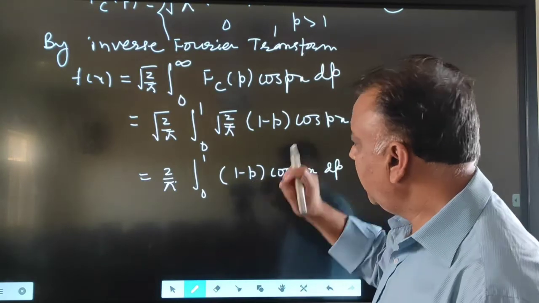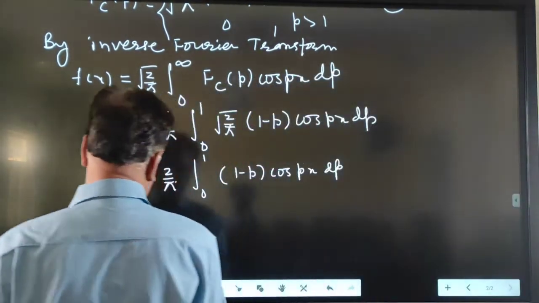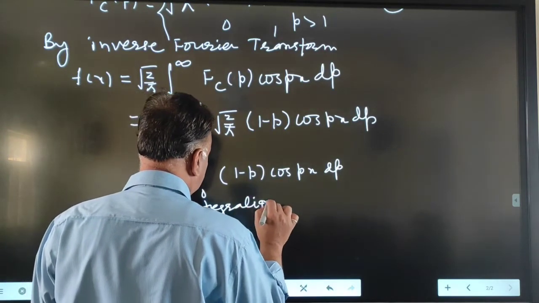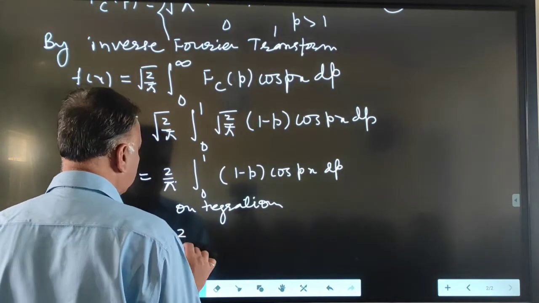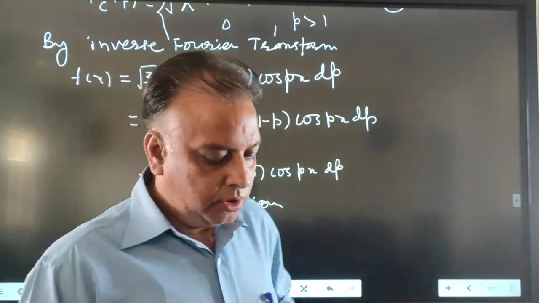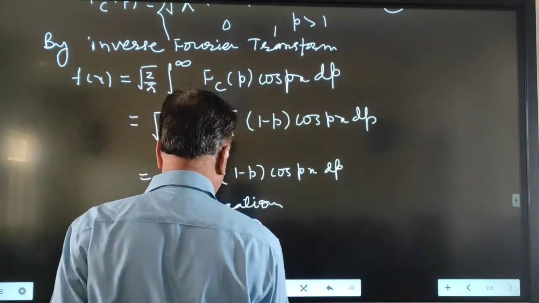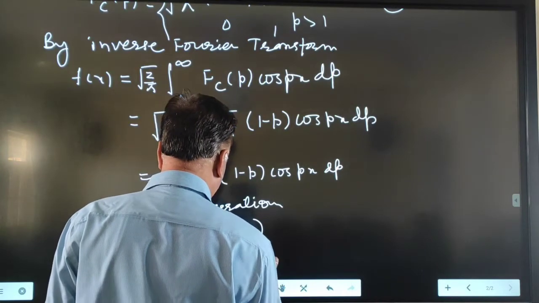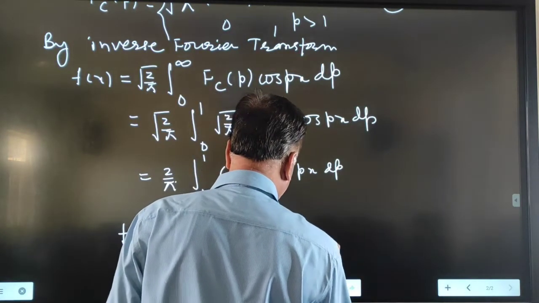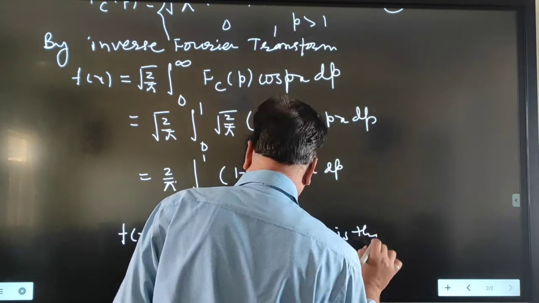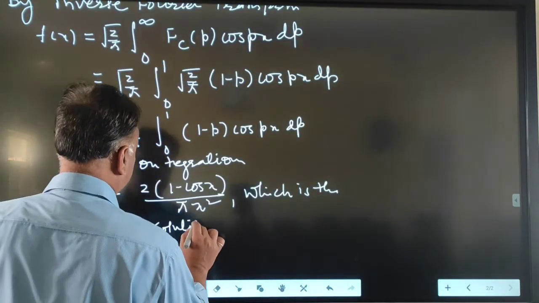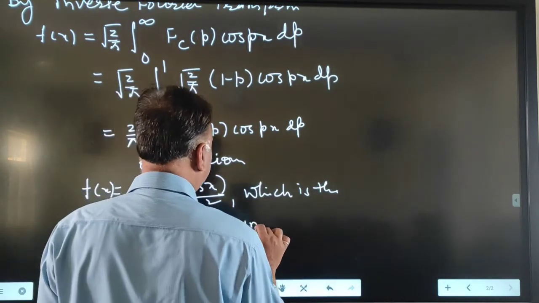integrate the integral by parts, then we get, on integration, the result as 2 into (1 minus cos x) upon pi x square, which is the value of f(x), and which is the solution of the integral equation first.